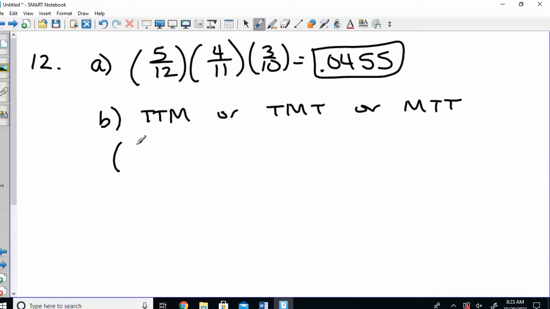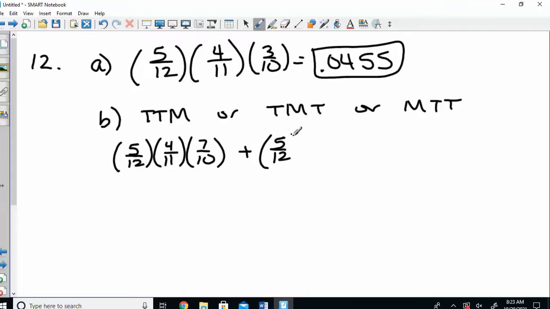Yes. So then if I calculate this, probability of traditional, the next one being traditional, and the last one being meat. Or means add.